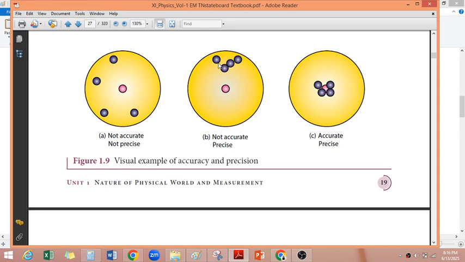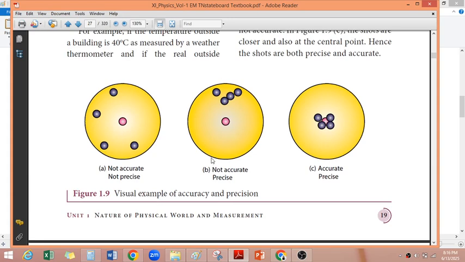Even though we are talking about measurement equipments, the target practice with bullets, this is your target and these are the places where the bullets have hit. So this is a very nice visual way of understanding the measurement.